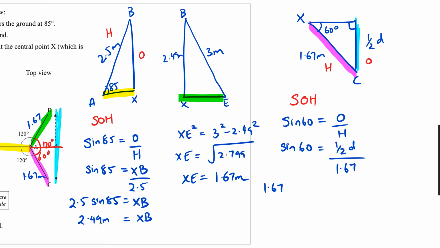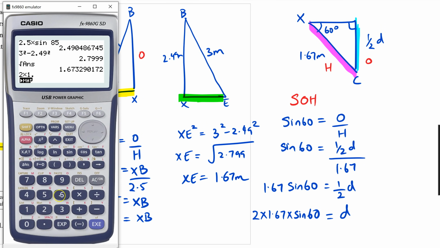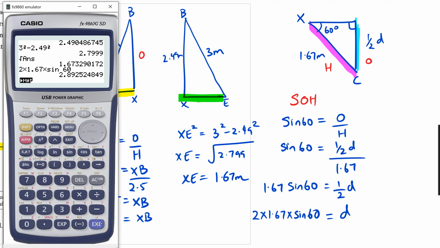Then 1.67 sine 60 equals half of D. Of course, you could find D by itself and then double it as well, which will still be the same answer. But I'm just going to go 2 times 1.67 times sine of 60, and that gives me 2.89 meters.